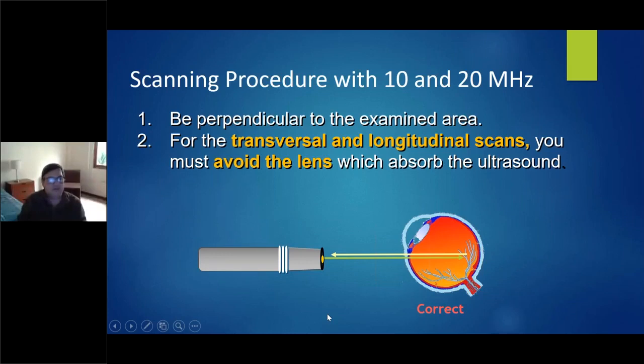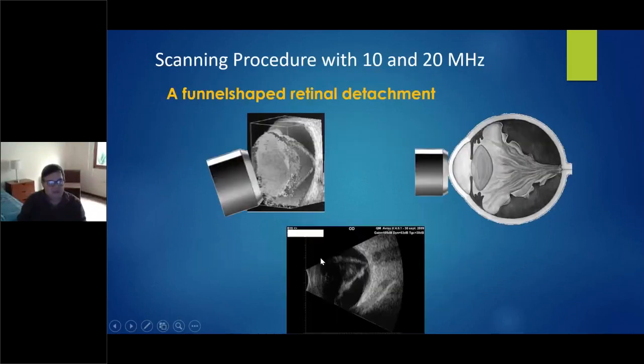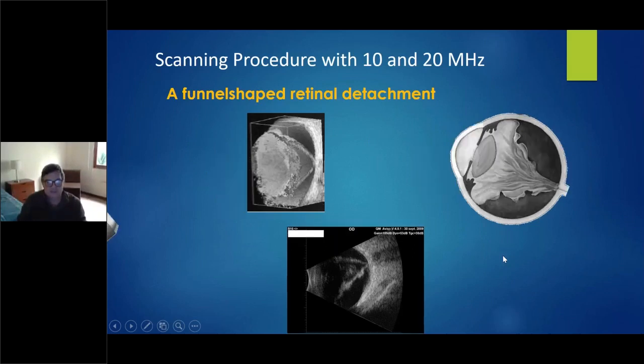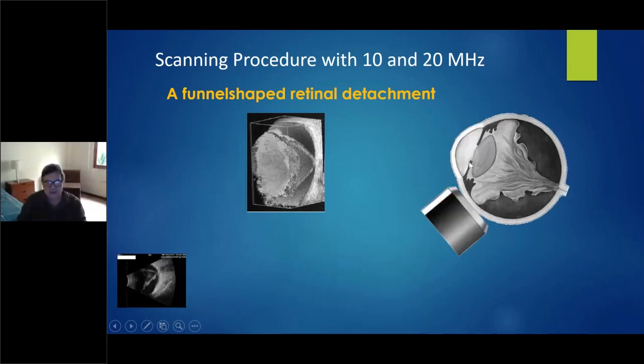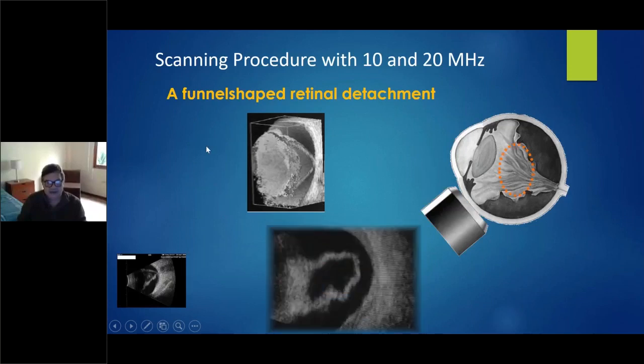For example, you have a funnel-shaped retinal detachment, and you get this image just because you are trying to do the examination in one form. When you change it and ask the patient to move the eye, you can be just in the middle, and you can see this area like a circle.